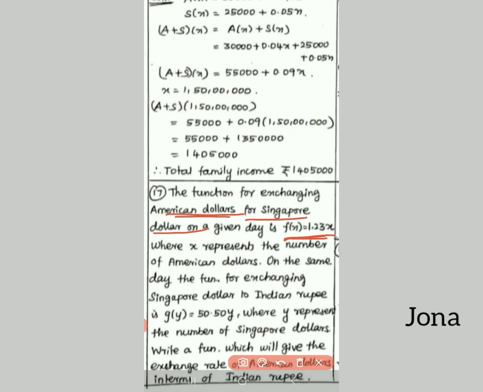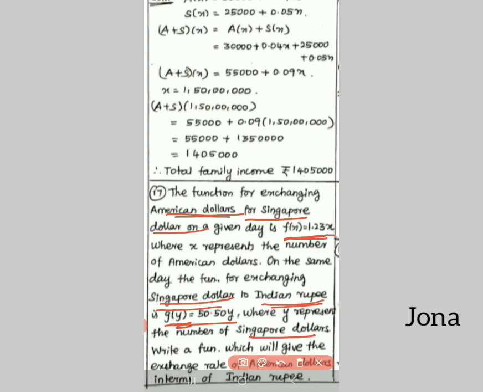The next one: on the same day, the function for exchanging Singapore dollars to Indian rupees is g of y equal to 50.50y, where y represents the number of Singapore dollars. So g of y is nothing but exchanging of Singapore dollars to Indian rupees.